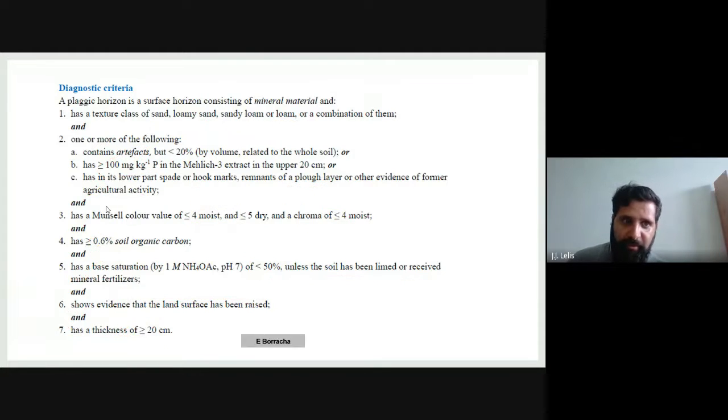So you can see again, a pelagic horizon has at least 7 criteria.